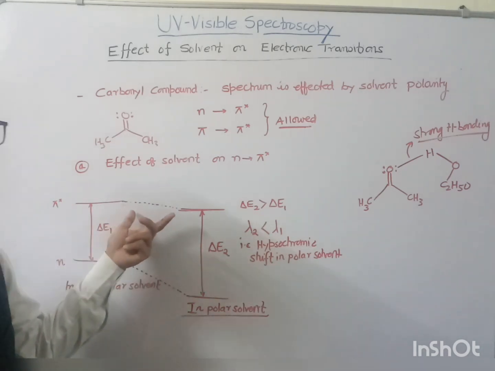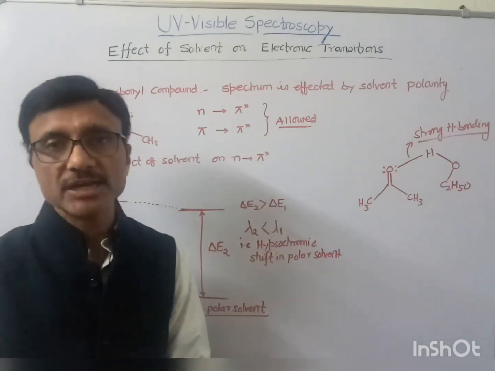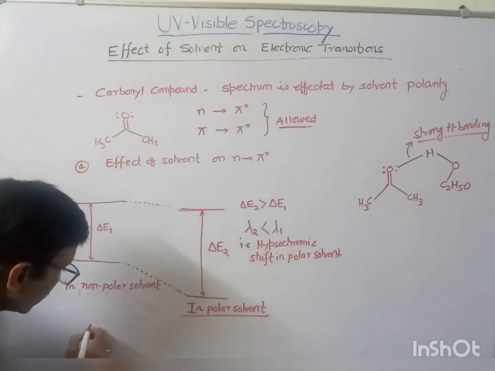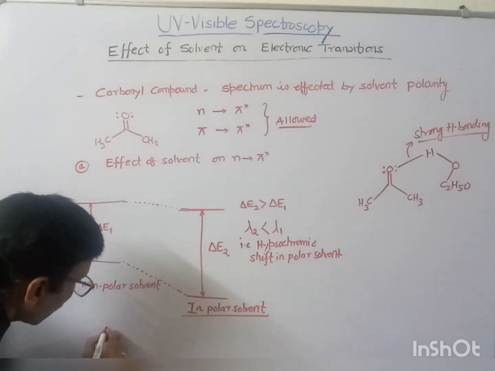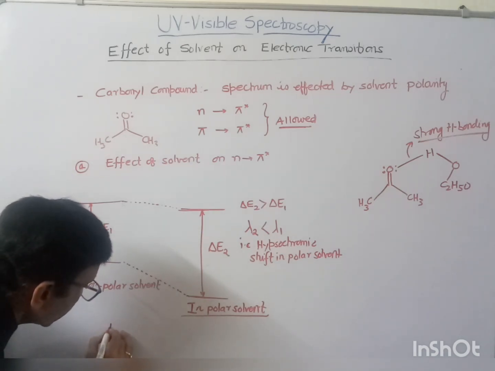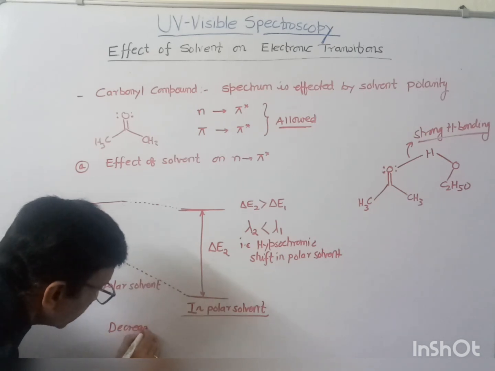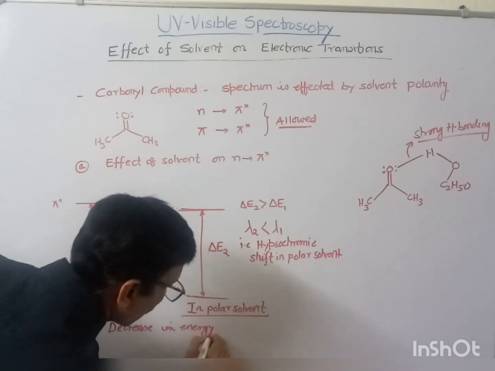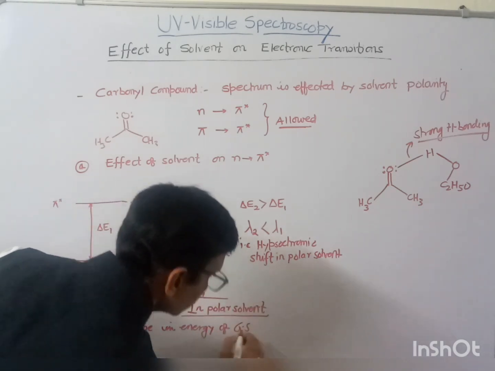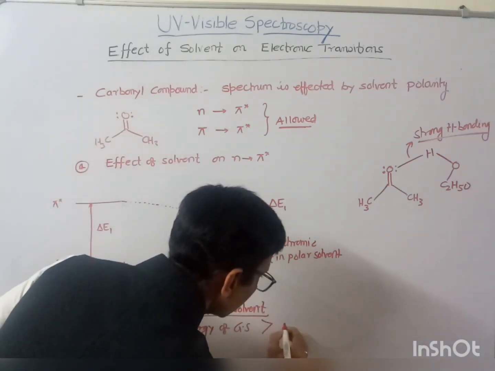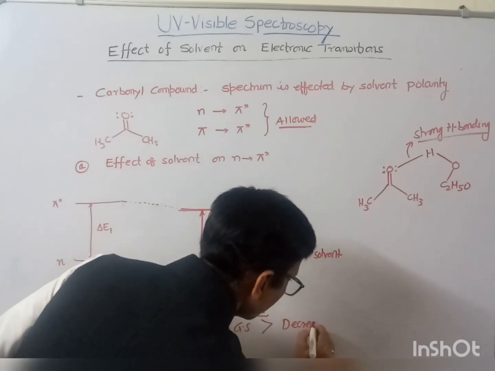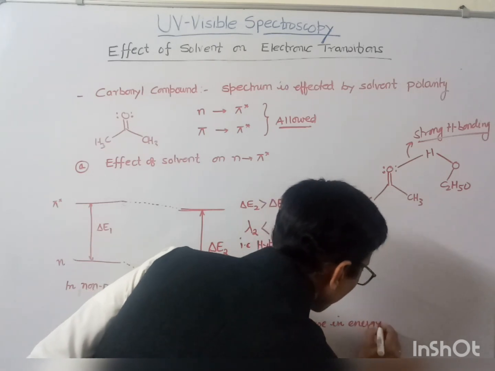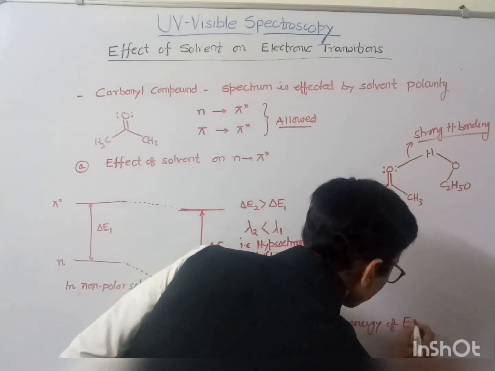Whereas in the excited state, no such strong H bonding will take place. So in this case, the decrease in energy of the ground state is more than the decrease in energy of the excited state.